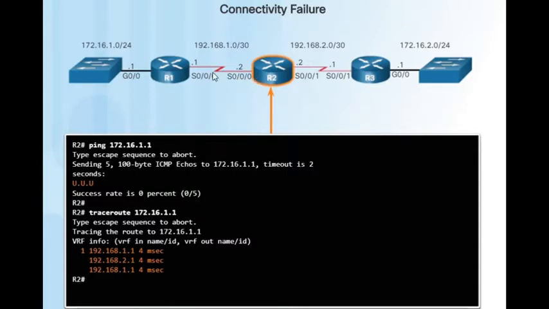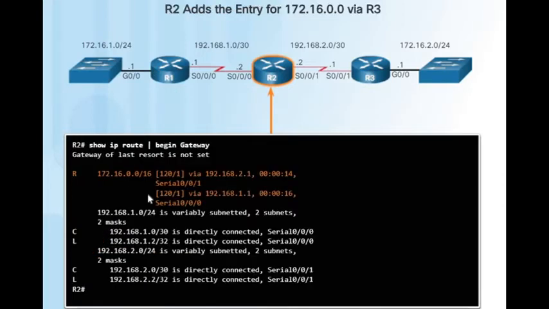Because it doesn't know exactly which is the 172.16.1.1 address, because of the entry on its routing table.